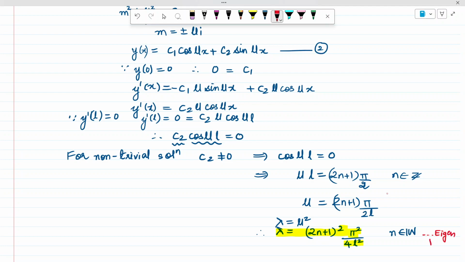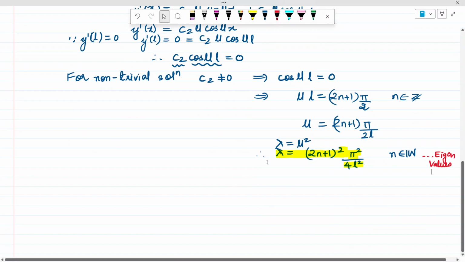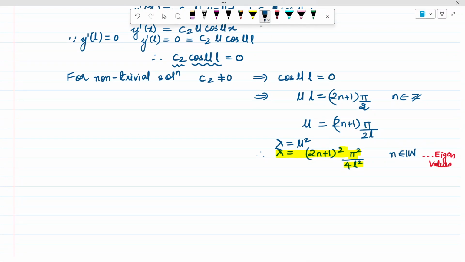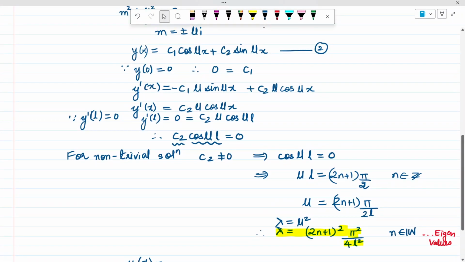So let's look at the eigenfunctions also because the question is about eigenfunctions as well. And this is just case one which we are doing. So what is the corresponding eigenfunction? Your corresponding eigenfunction is y of x. Y of x we are left with in equation 2, c1 is 0, c2 डालेंगे, c2 sin nu x है.